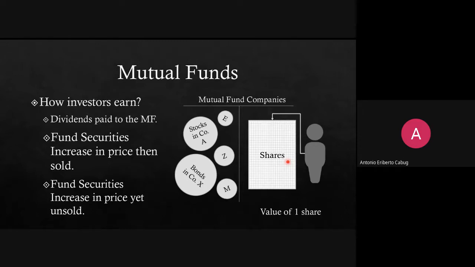Ano kaya yung NAV PS ngayon? 100. And then after one day, it became 101. So you earn 1% in a day. After another day, it went to 99. 101 to 99, that's 2 over 101.